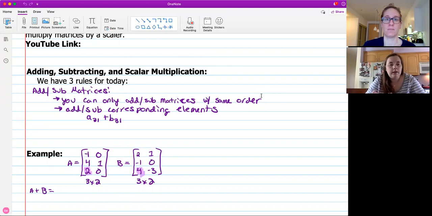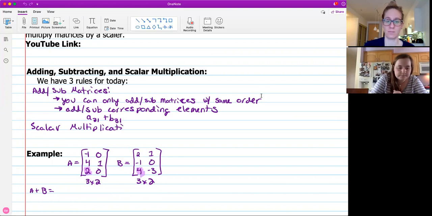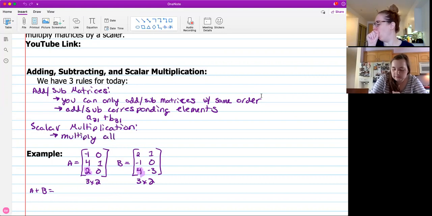Okay, so like I said, we have 3 rules today. We've only done 2. Our third rule is for scalar multiplication. Our only rule for this one is that you multiply all elements by the scalar.